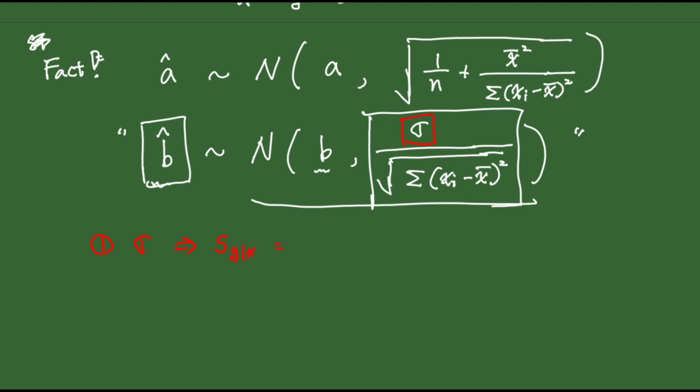The formula is the square root of 1 over n minus 2 times the summation of yi minus y hat.